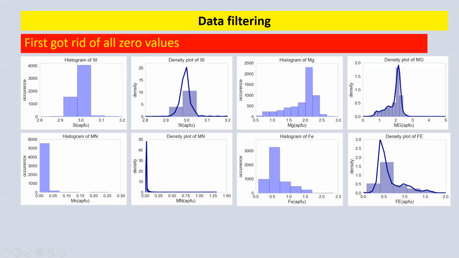I should say that everybody should pay attention to zero values and to missing values too. We should first make it clear whether it is a zero or whether it is empty, because empty means this data has not been analyzed and we don't know the real value.